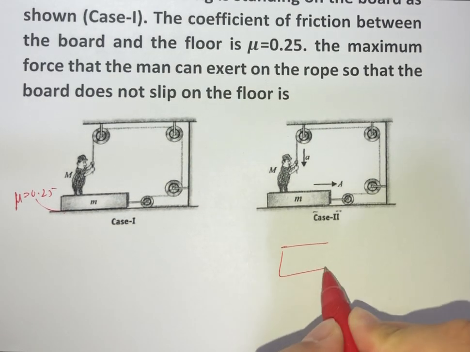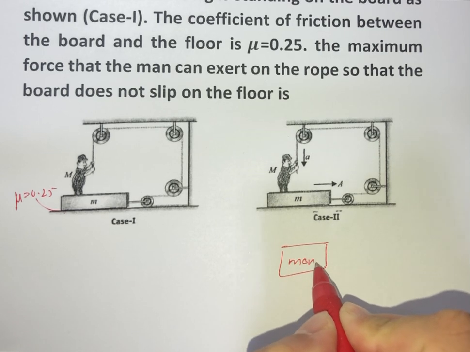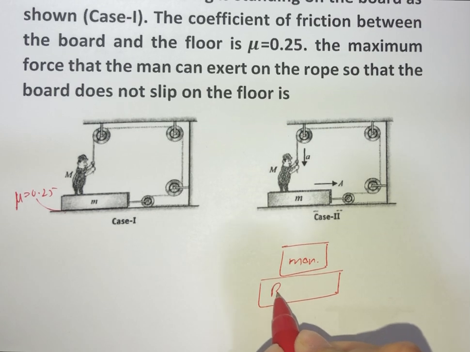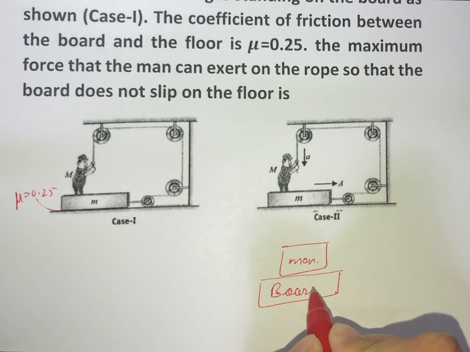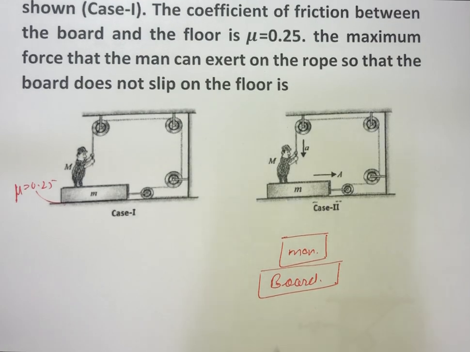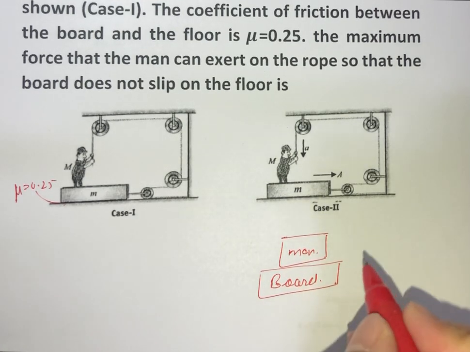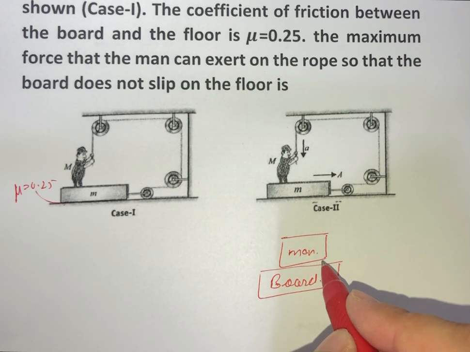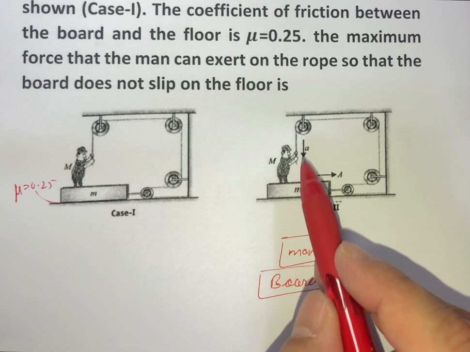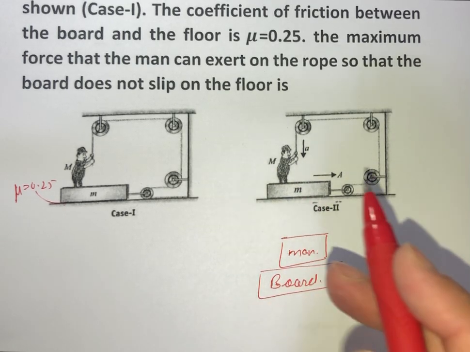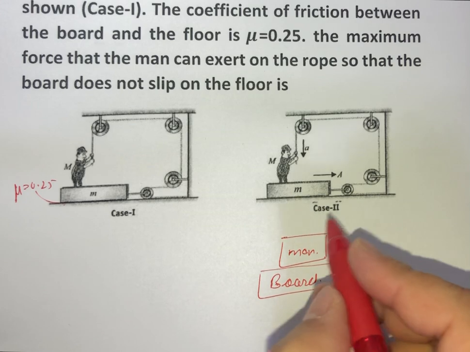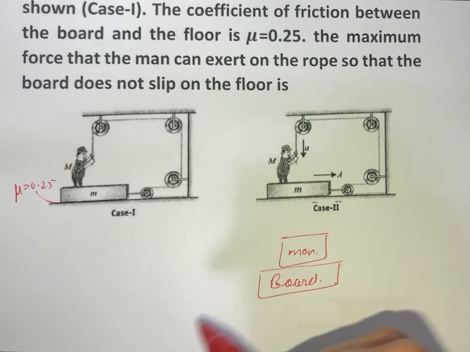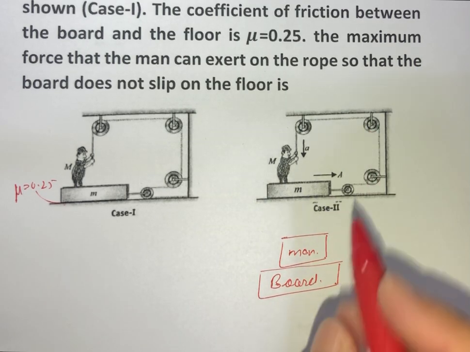So we have, this is the man and the board, and the force with which the man will be pulling the rope will be equal to the amount of the tension. Okay, so we are going to find out the maximum value of the tension, and that will be equivalent to the maximum value of the force.